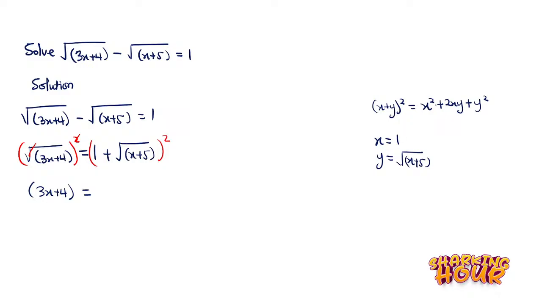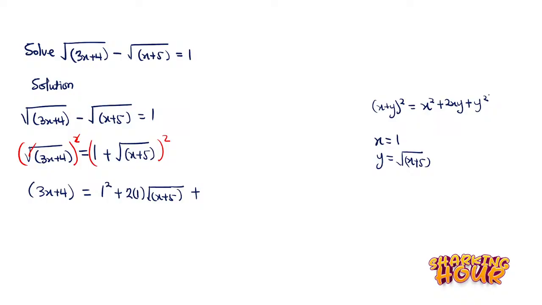Are we okay? So if I substitute these into this expression, the x squared becomes 1 squared. So I'll have here 1 squared plus 2xy. So I have 2, my x is 1, and then my y is the root of x plus 5. Then plus my next term, which is the y squared.